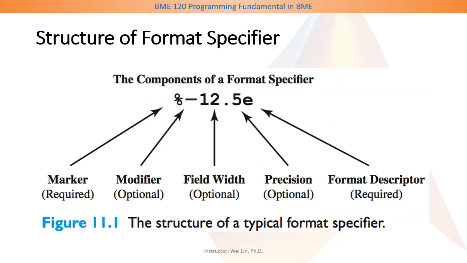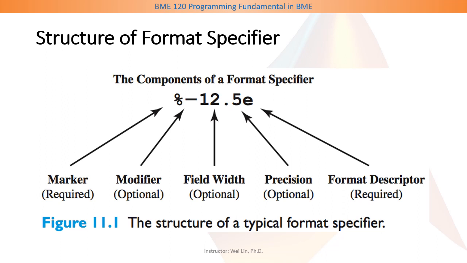Here is the structure of a format specifier. It starts with a marker, which is a percentage sign, followed by an optional modifier. In this case, you will see a negative sign, which means left justified. Then follows the field width, meaning how wide the field is. Within this field, you can decide the precision.